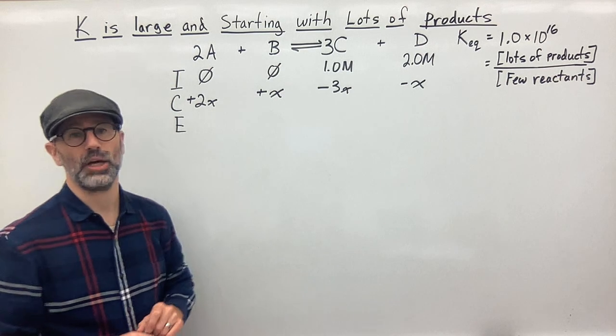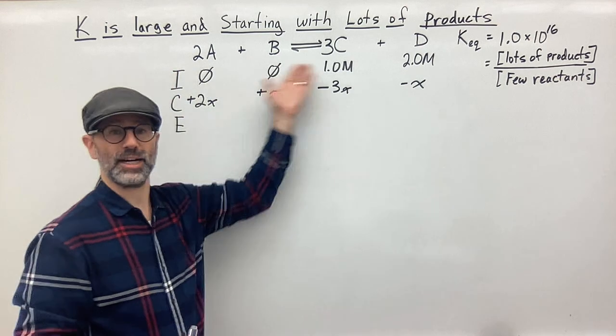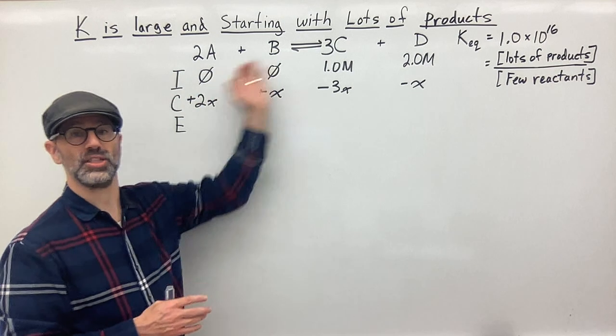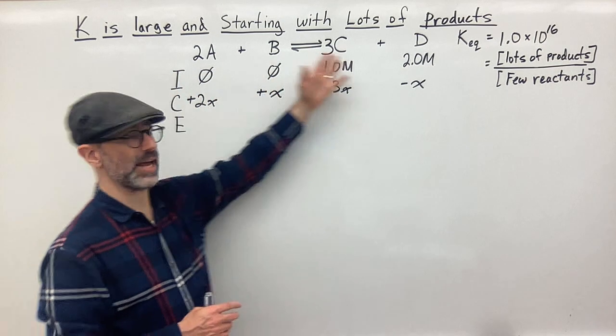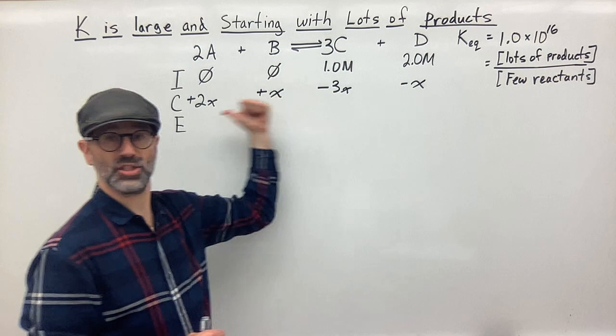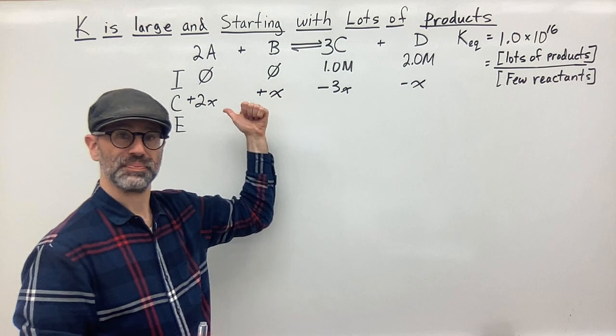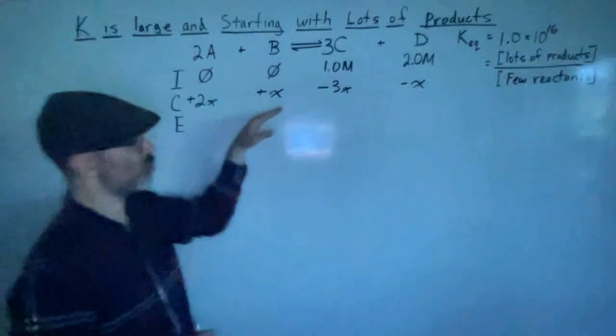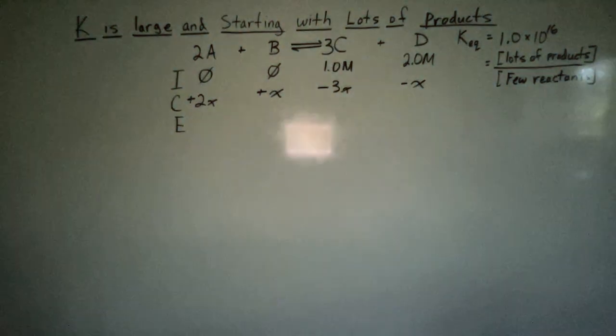Don't do it that way, please. Whatever the reaction is, keep it that way. You don't have to switch the reaction. You just keep the reaction this way and just do the shift this way. So whichever way you're shifting, just do your, oops, sorry.